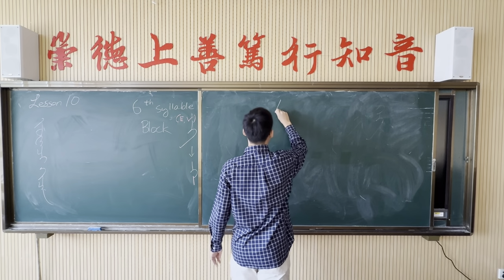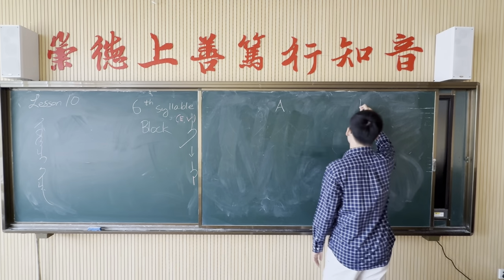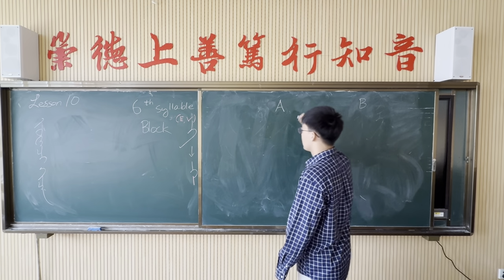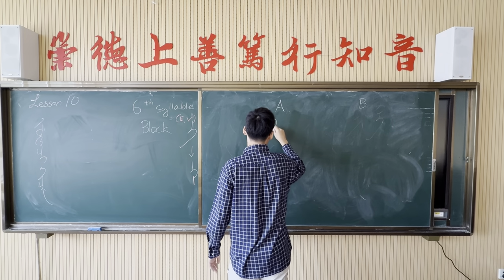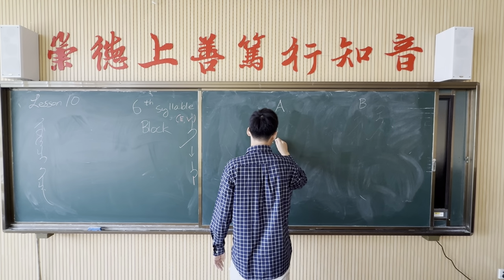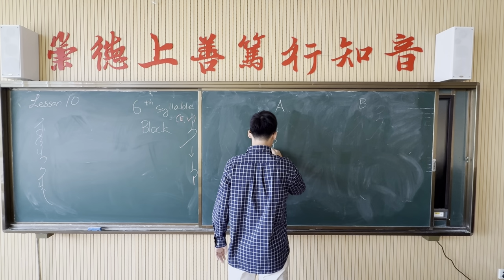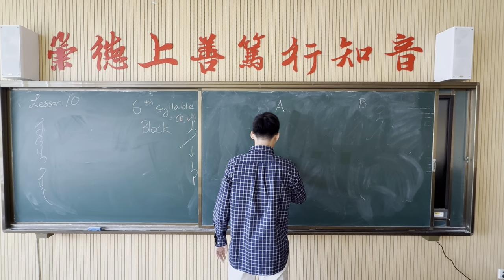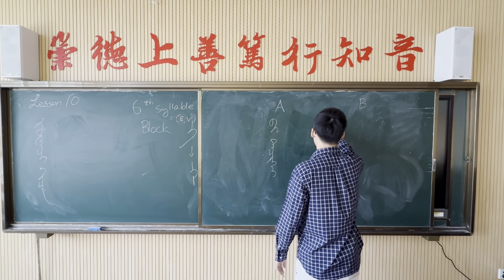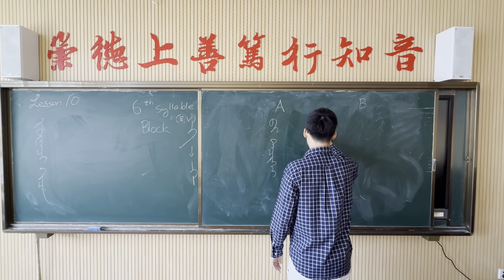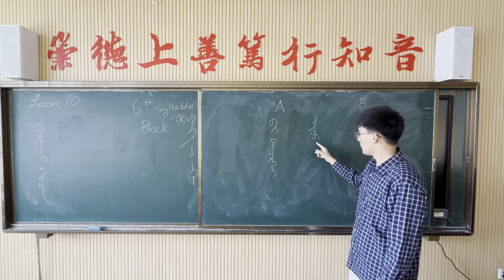So this conversation will feature two people, person A and person B. Person A will say, B 다치시 이노.